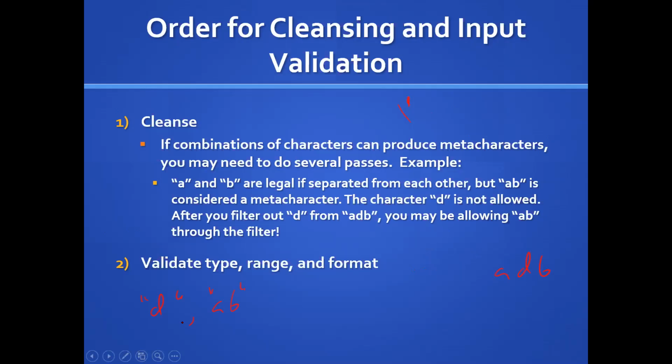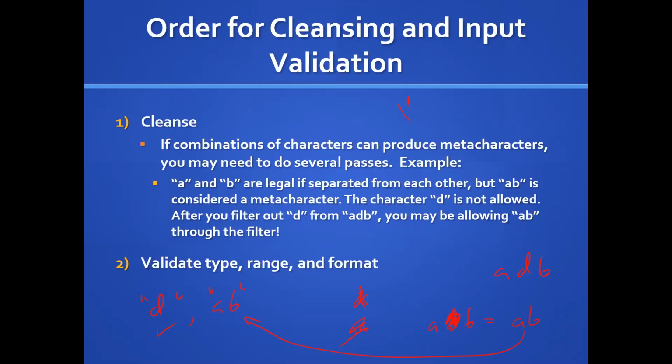So filters that just get rid of the characters work like this: if they enter D, it goes away. If they enter AB, it goes away. If they enter ADB, D is there, so the filter gets rid of that one and leaves AB. But AB is also an unaccepted character.